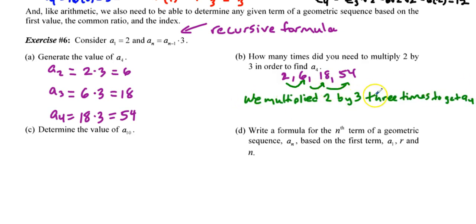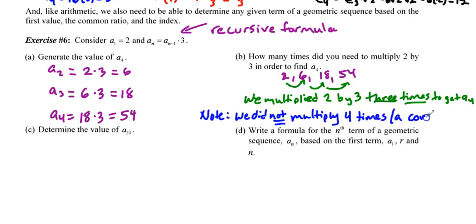So we multiplied 2 by 3 three times, not 4 times, right? We talked about that Monopoly example. That's really important. Let's just note again that it was not multiplied 4 times. Okay, so that's one to avoid.